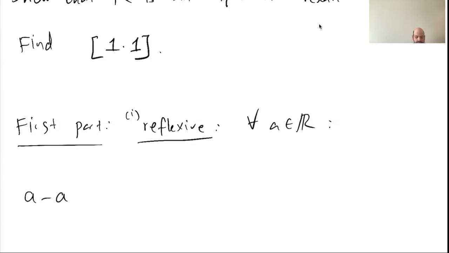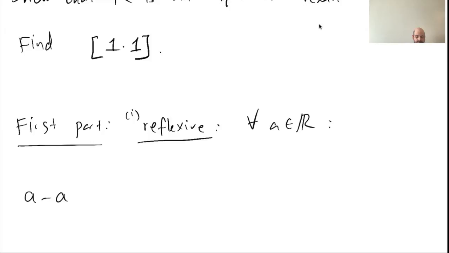And this implies b R a. Right, so if a R b, then a minus b is an integer. And if a minus b is an integer, b minus a is also an integer. Why? Because b minus a is the minus of a minus b, right? So if, for example, x is an integer, minus x is also an integer, right? So b minus a is an integer, but b minus a integer means b is in relation with a. So we showed that if a and b is in R, then b and a is in R, which means the relation is symmetric.